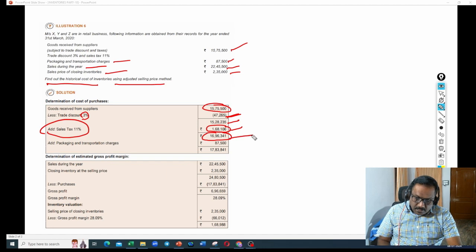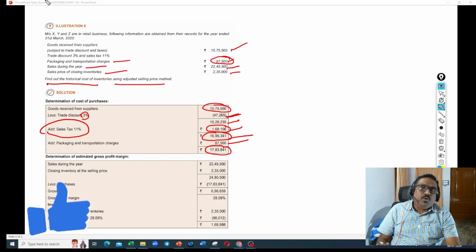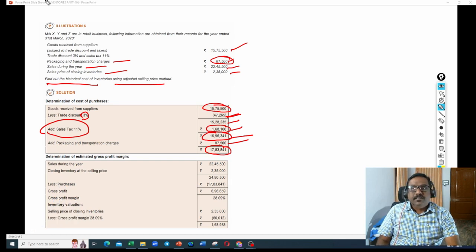So this is the total value of the goods received. On top of it, what did the business do? They spent 87,500 as packaging charges. So we need to add packing charges also to that, the packaging and transportation together. When we add these two, your value becomes 17,83,841 rupees. This is the total value of the goods they received.